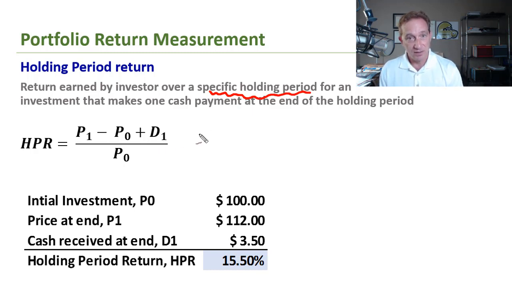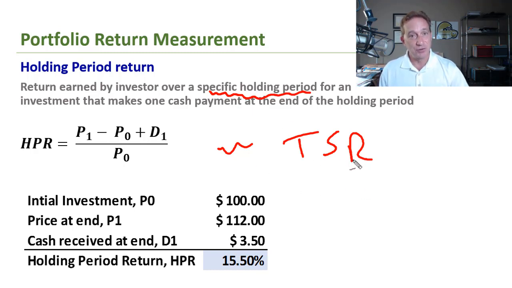So what we're saying on that first point is we want to make sure that any dividends or cash received during the period are included in the holding period return, because really it's analogous to, if we think about the equity asset class, total shareholder return. If you're the investor, that's what you care about. It's not just price appreciation, but it would also be dividend or income received along the way, total shareholder return.